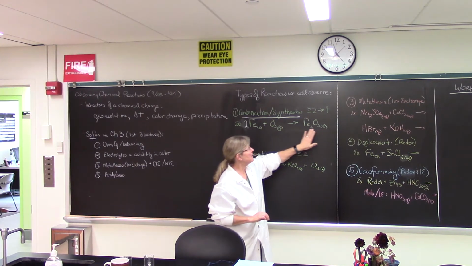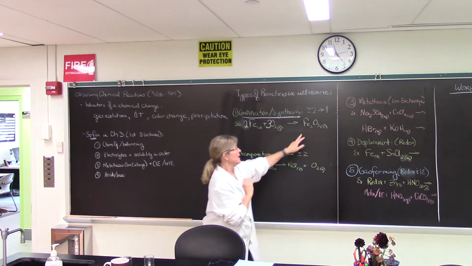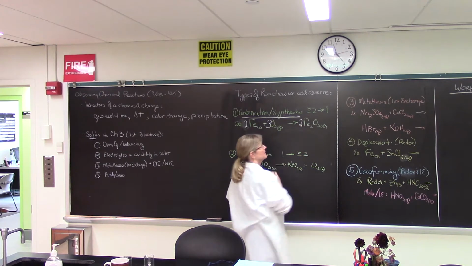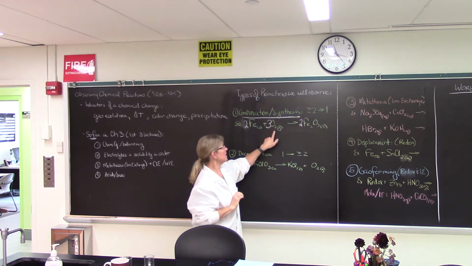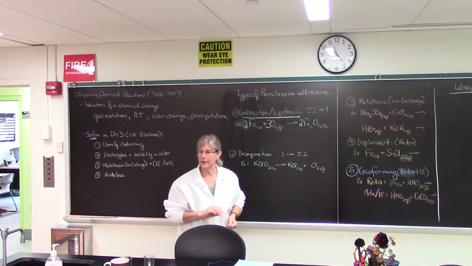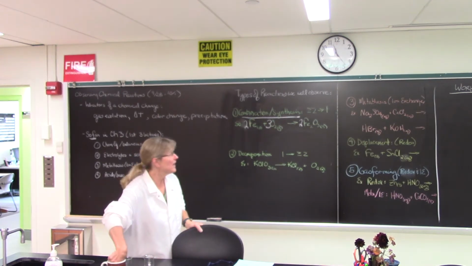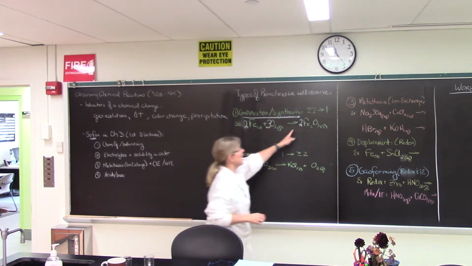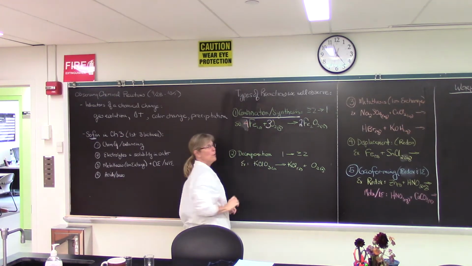I can make this be the same number by having 3 here and 2 of these. Okay, so now I have 6 oxygens and 6 oxygens, but I have totally messed up my irons. So I need to change my irons, and that's very easy. I now have 4 irons, so boom, we're done.